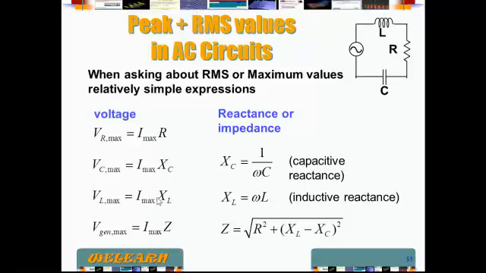Similar expression for L, so we have XL instead of R. Similar expression for V across the generator is going to be I max Z, where Z is the total reactance or impedance. Remember here, omega is 2 pi times f. It's the angular frequency.